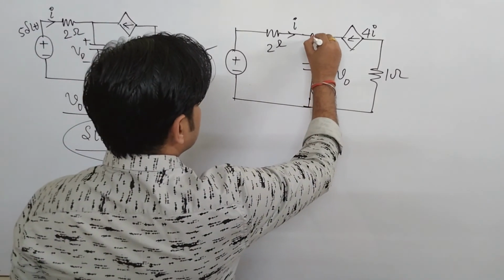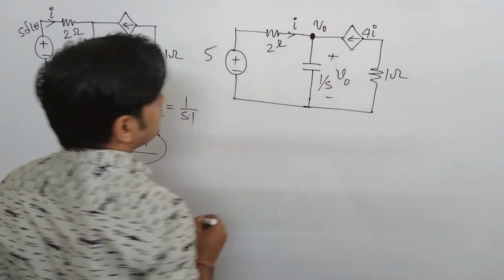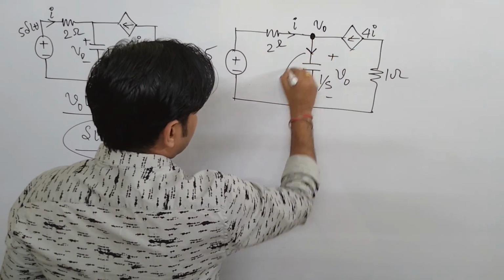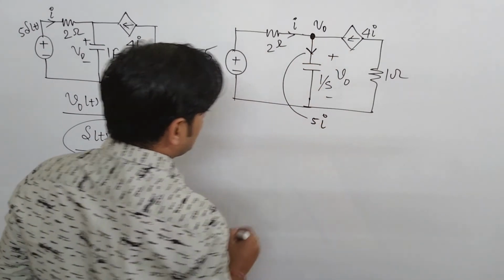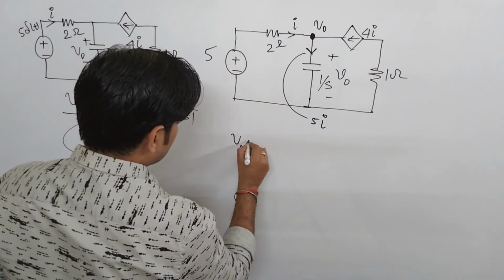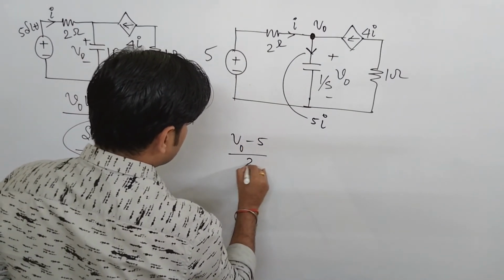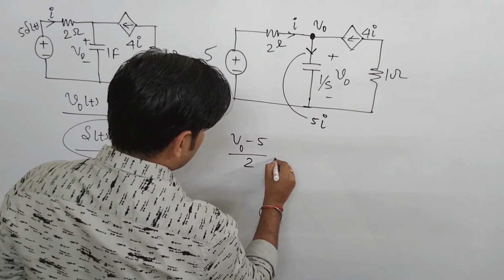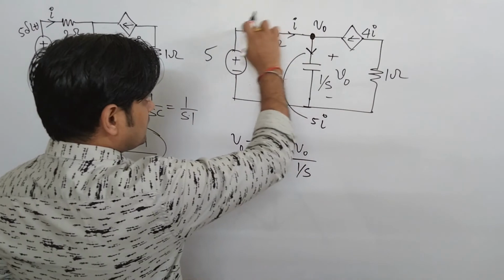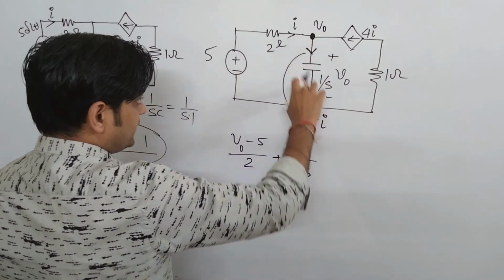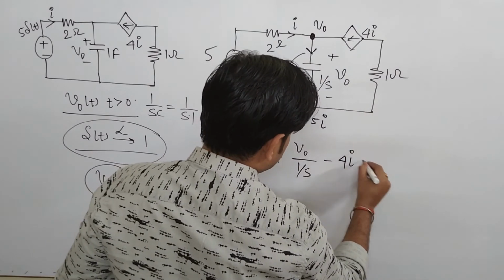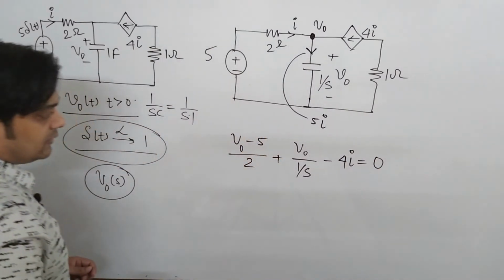Now this voltage will appear here, and this I and this 4I will add and get here, and the current here is 5I. Now if you apply KCL, you can say that (V0 minus 5) upon 2, plus V0 by (1 by s), this current, and the current which is coming here, minus 4I, is equal to 0.